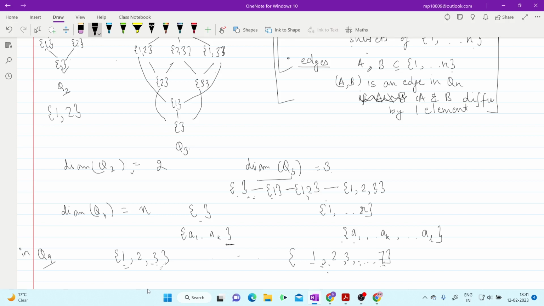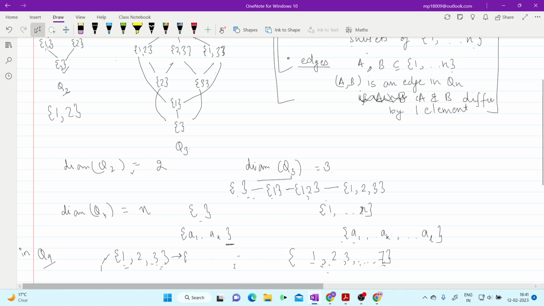If you want to go to a set with 4 more elements, at one stage you can add only one element. Therefore you'll have to go through 4 stages, and the shortest path will have length 4.